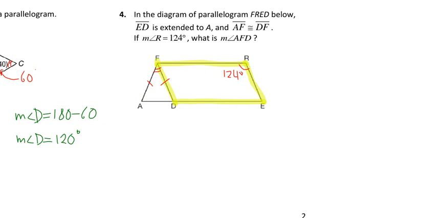So these problems could be solved in different ways, but I would say one of the easiest ways to solve this one would be to use opposite angles of the parallelogram. This angle here at D will have to be congruent to the angle R. So if this is 124, we can get this 124 as well.